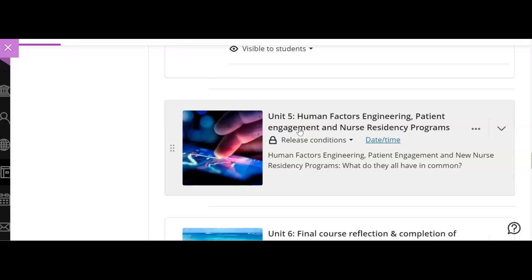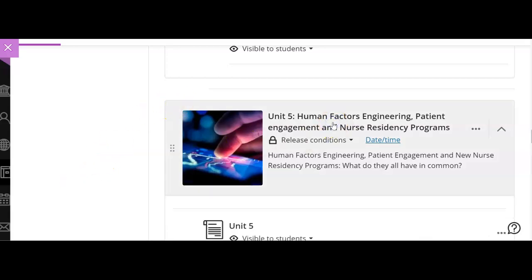We have 3 different topics, and we're going to look at what they all have in common as we're talking about patient safety. And that's human factors engineering, patient engagement, and new nurse residency programs.